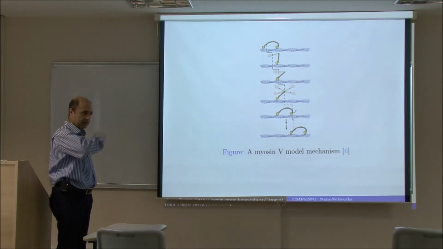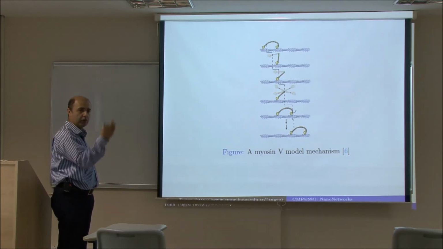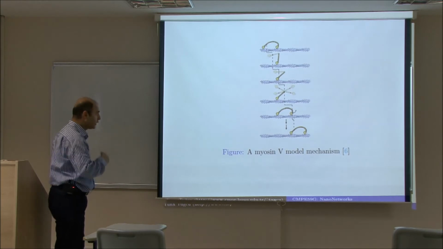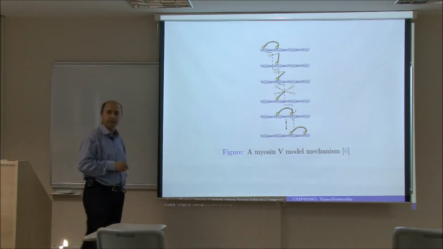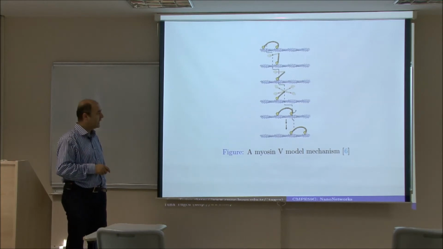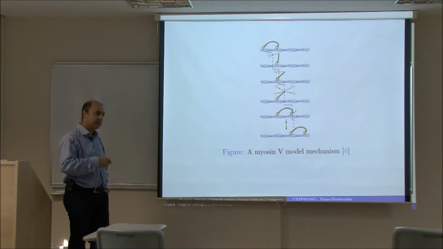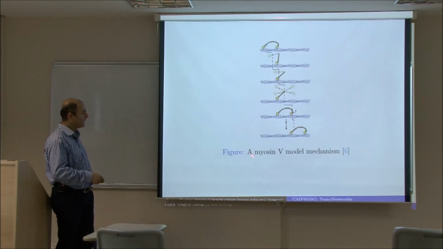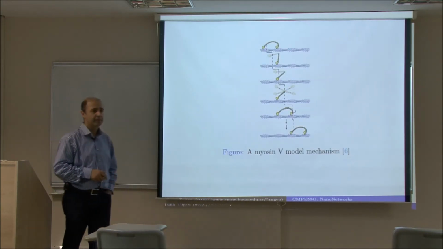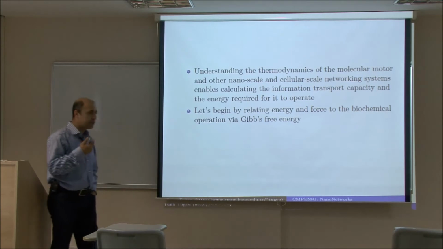But that leg, as I said, may try to find its correct position, and hopefully it will find the next binding site on the rail and attach there. And the same operation is now repeated, this time with the lagging leg, which was previously the leading leg. So this was the case for myosin 5, but for the others, the concept is similar.